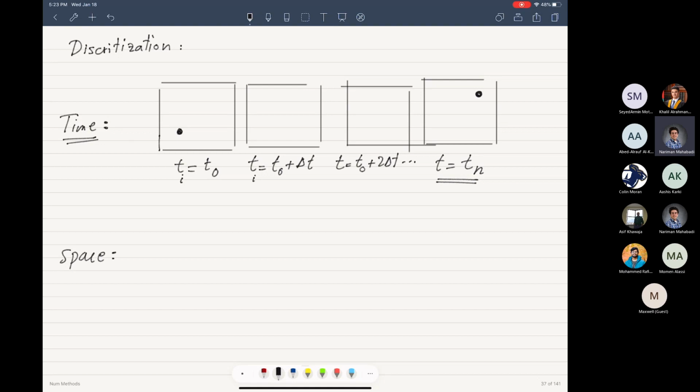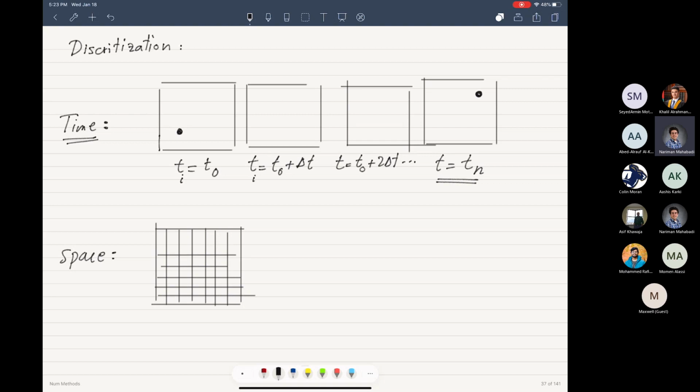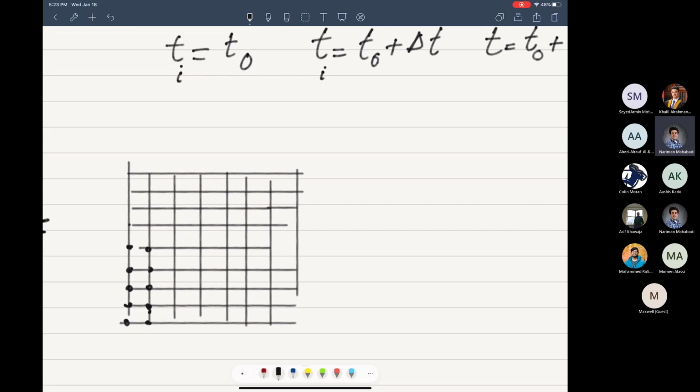On the other hand, we have the discretization in space. If this is my domain, I need to approximate my unknown function at a finite number of points. We talked about why finite: because we have limited time, cost and ability, so we need to simplify the system. Once we build these grids, we can approximate our unknown function only on this finite number of nodes or grids, right?